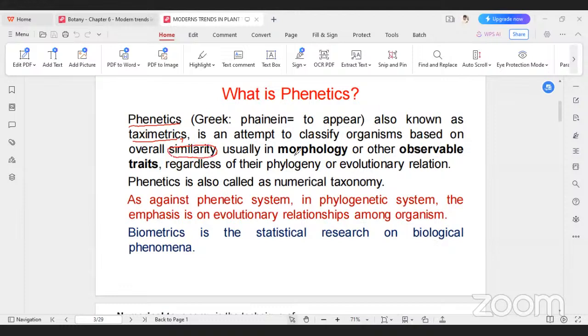Similarity in morphology and observable traits, regardless of their phylogenetic and evolutionary relations. I already told you that phenetics is also called numerical taxonomy.